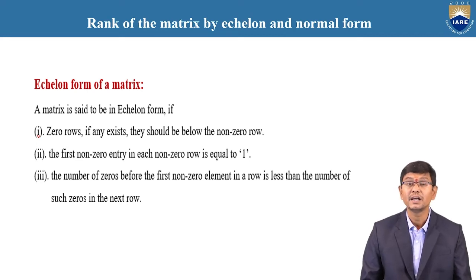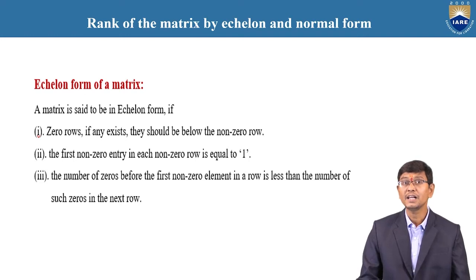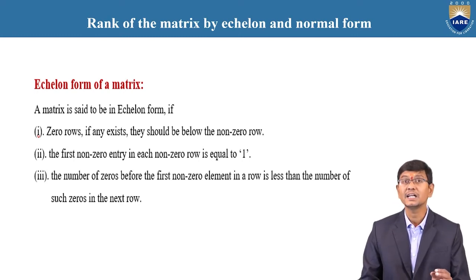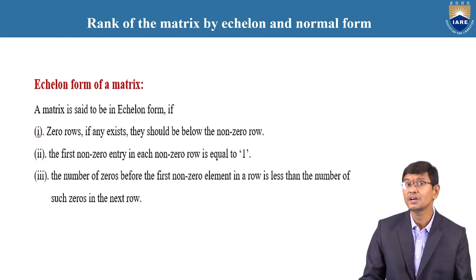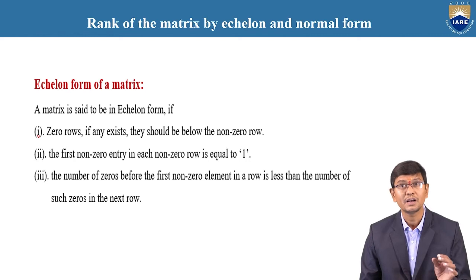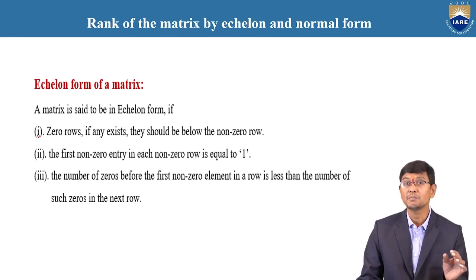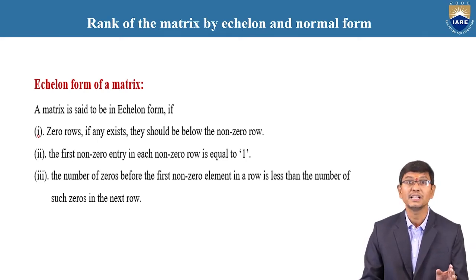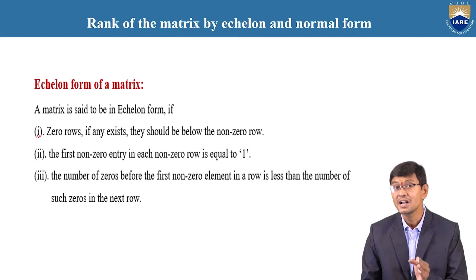If they are satisfied, then the given matrix is said to be in echelon form. To summarize: one, if zero rows occur, they are placed in the last rows. Two, the first non-zero element in any non-zero row is 1. Three, the number of zeros before the first non-zero element in a row is less than that in the next row.